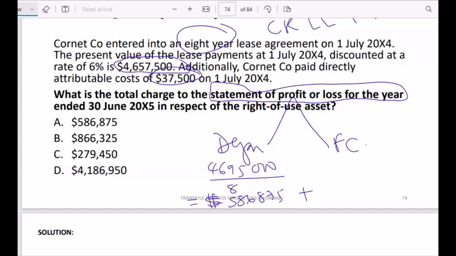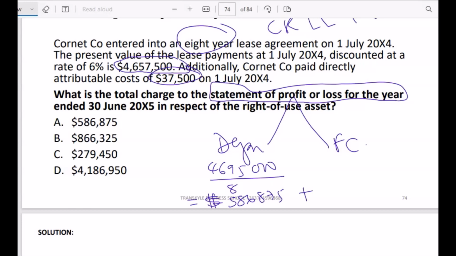So you can infer that this arrangement was an in arrears arrangement. We do not have information about when the payments were being made, so the only viable option is that payments are being made in arrears.